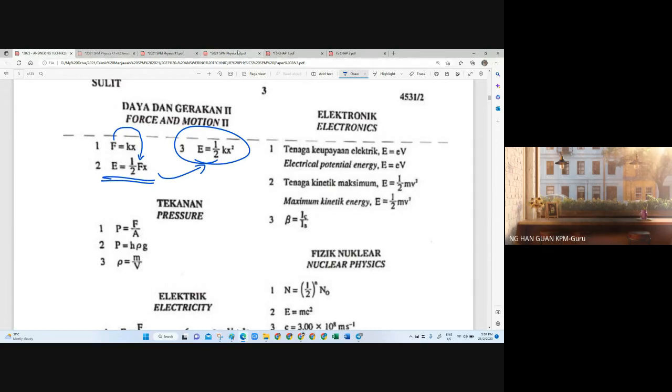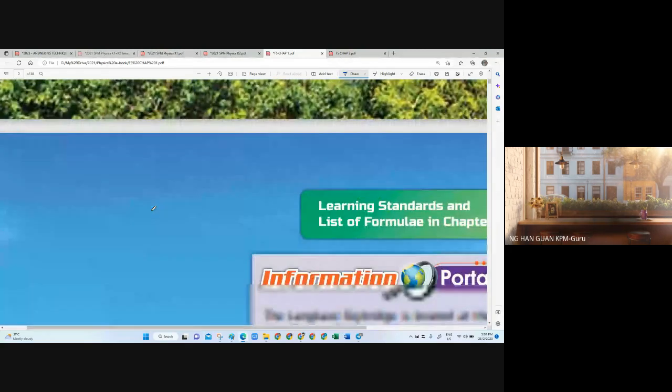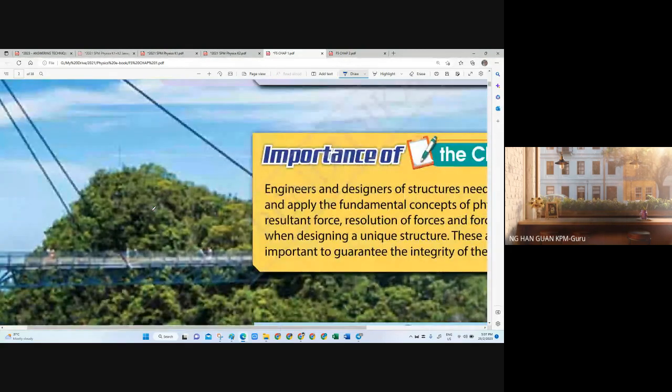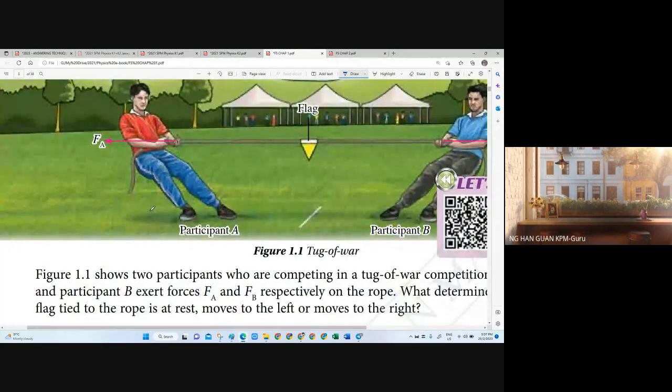The first part, dedicated to the resultant force and the methods to find it, is not given any formula, because we only apply the concept F equal to ma.